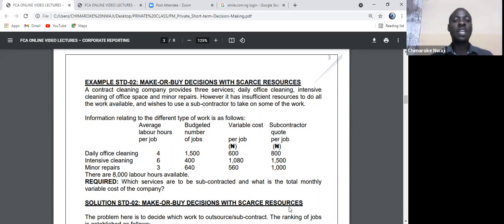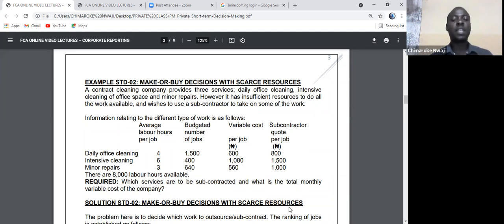So to clean an office daily will take you 4 hours. If you're going to do intensive cleaning, it takes you 3 hours. Minor repair, one job takes you 3 hours.